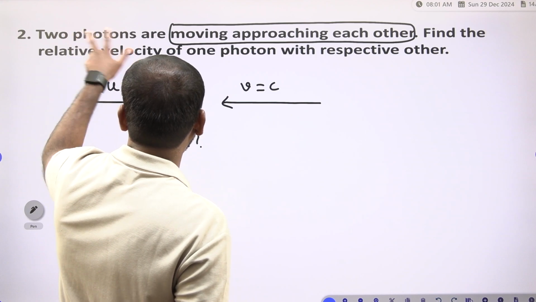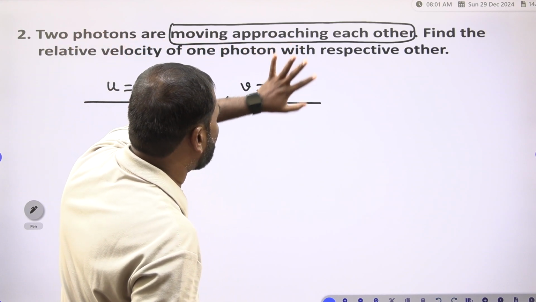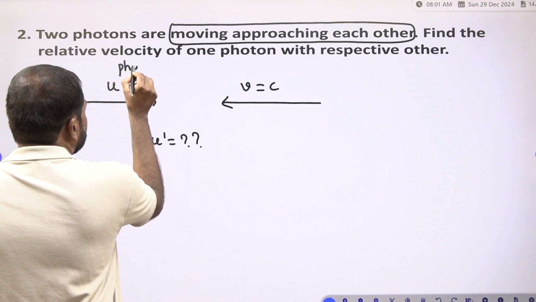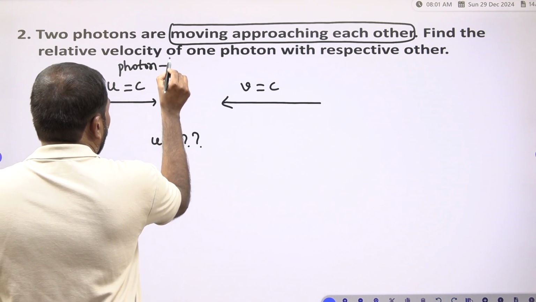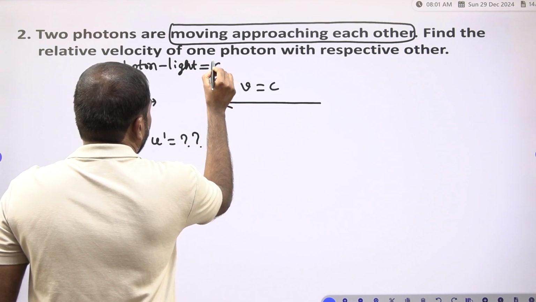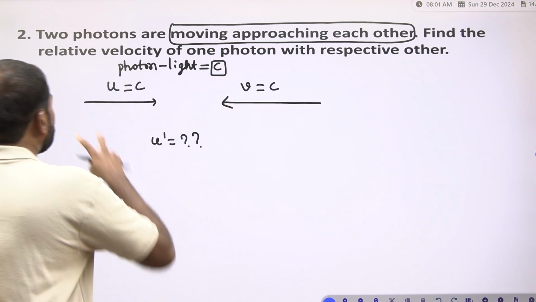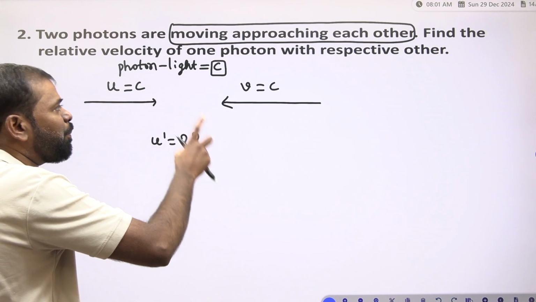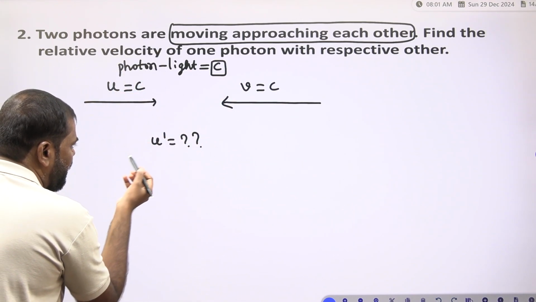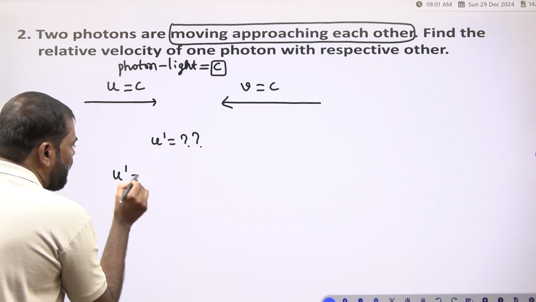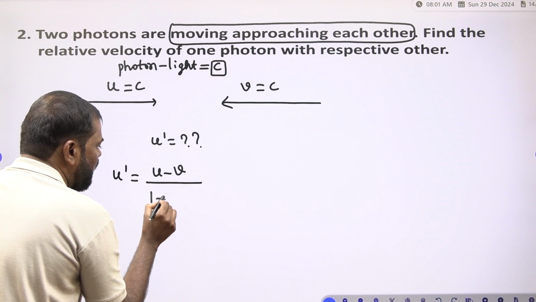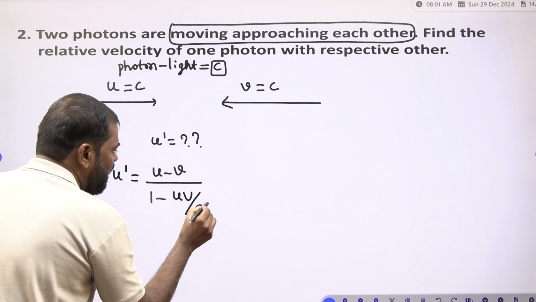The photons are moving approaching each other. Photon means light particle, therefore the velocity is equal to c. Find the relative velocity. Already we discussed that u' is equal to (u minus v) divided by (1 minus uv by c square).